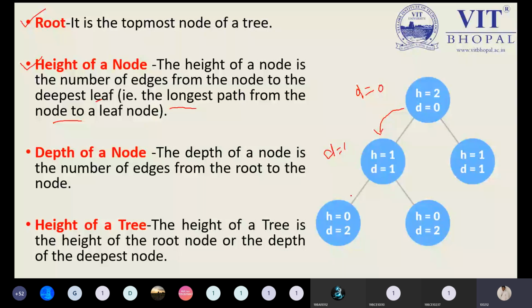Here we can say d will be 2. Why? Because this node is connected to this node, and this node is also connected to this node. So from the root to this node we have two edges, so we can say its depth is 2.